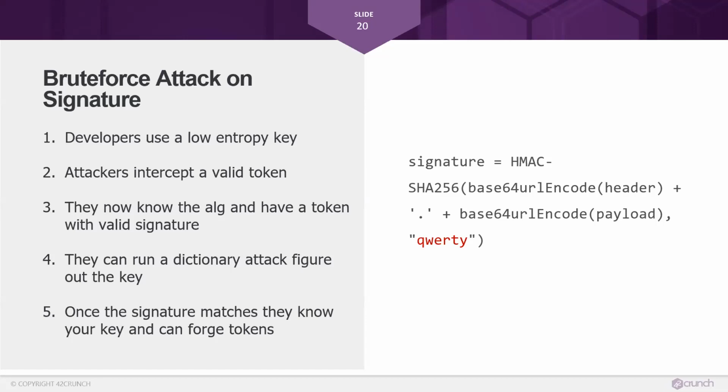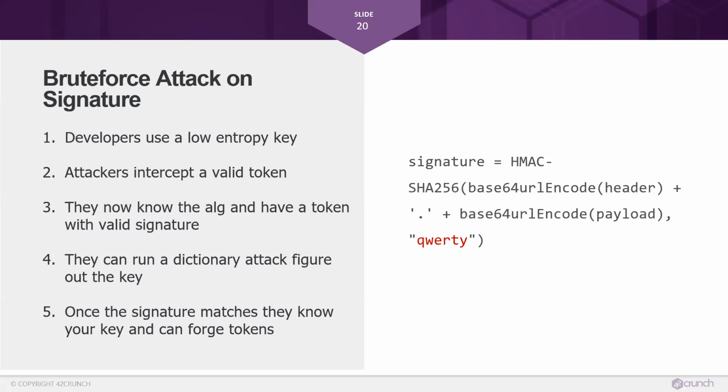So brute force attack on signature, this is for HMAC, symmetric signature. The point is that your JWT token has been signed by a symmetric secret. So you will try to brute force the secret directly.